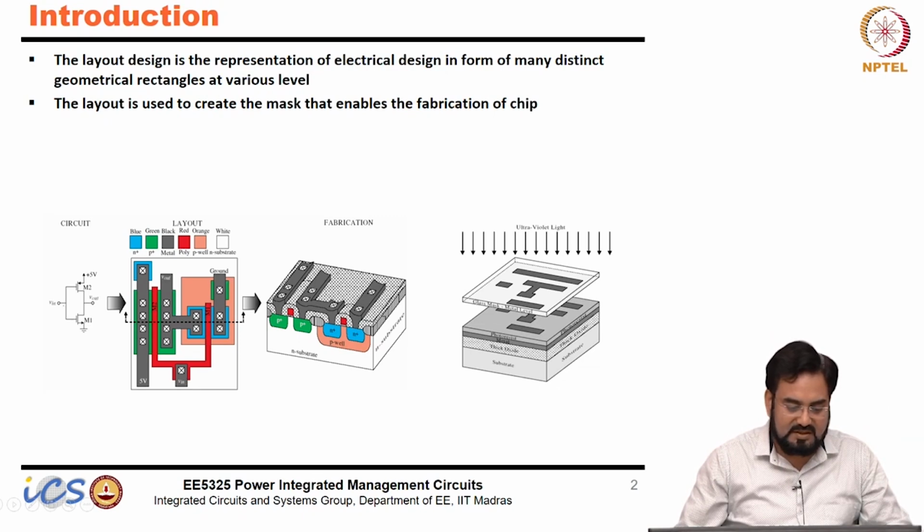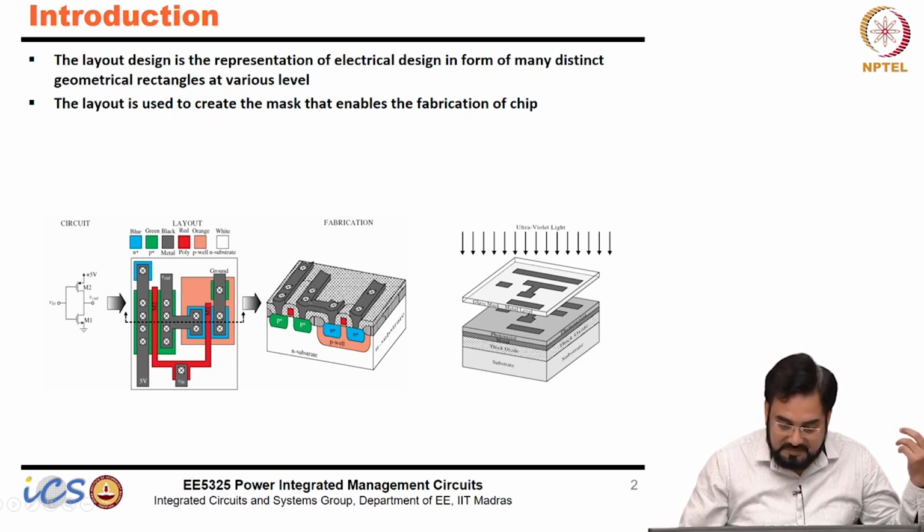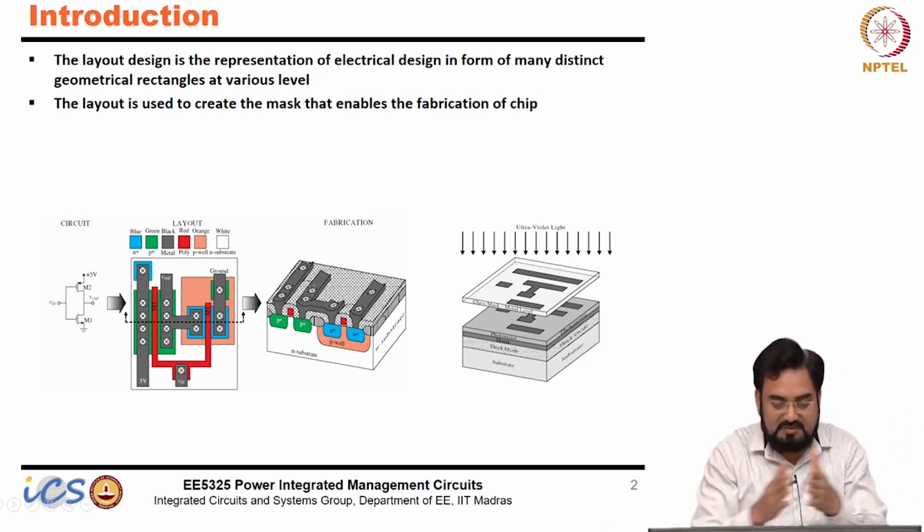This is your inverter which has both PMOS and NMOS. This is your layout. This layout is telling what all layers need to be in your chip and how these layers will look, what the spacing between them should be, what the channel length should be, what the width of your transistor should be, how many contacts you need, what the metal width should be.